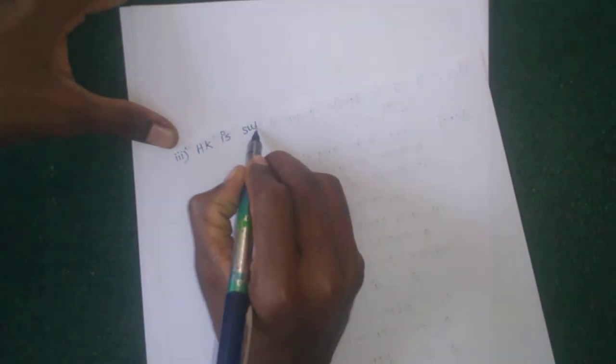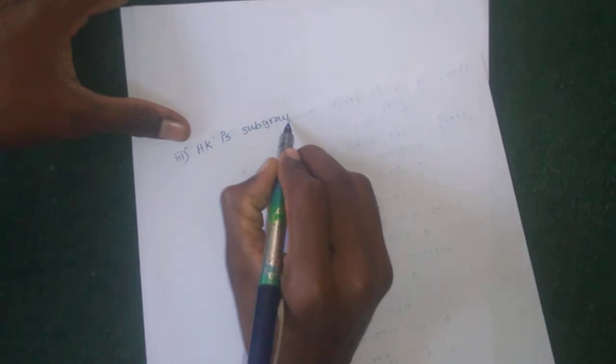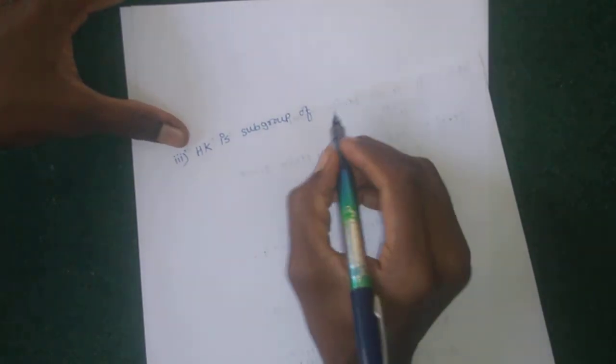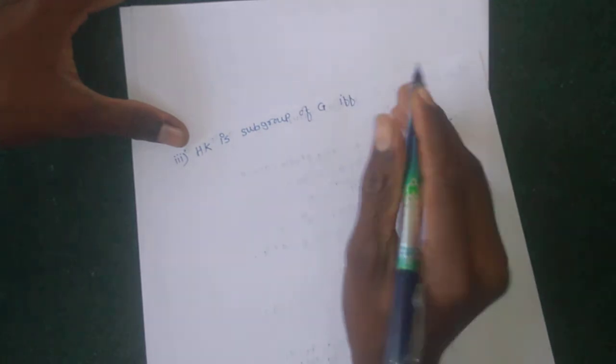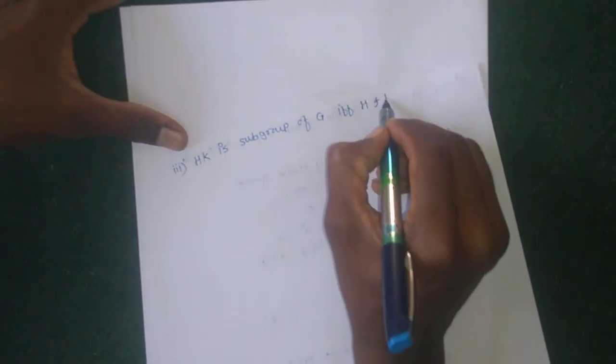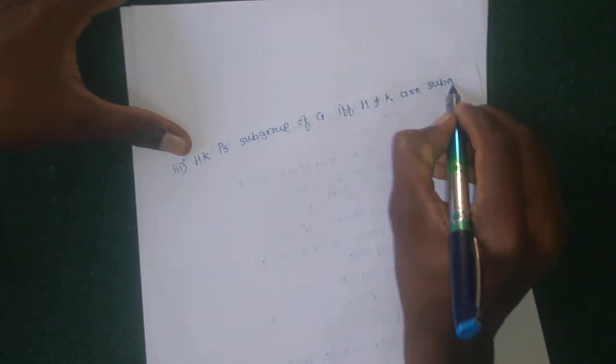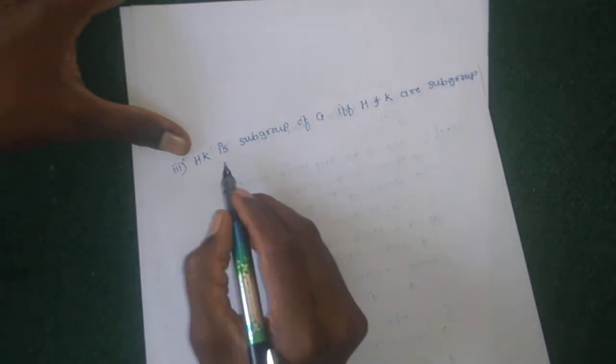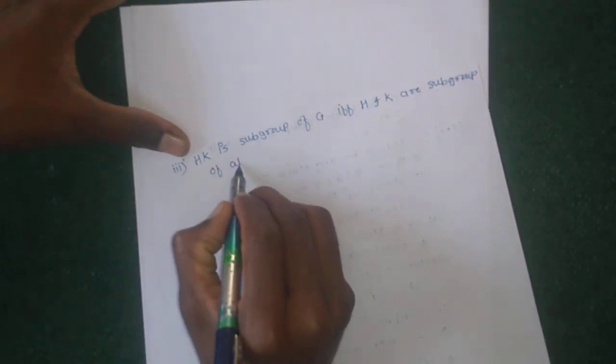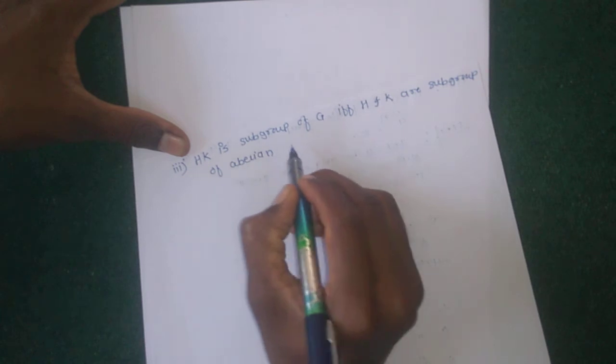Then the third note: HK is a subgroup of G if and only if H and K are subgroups of an abelian group.